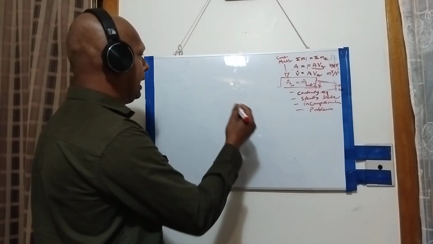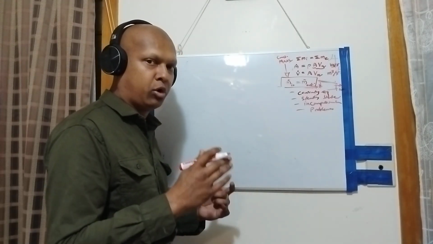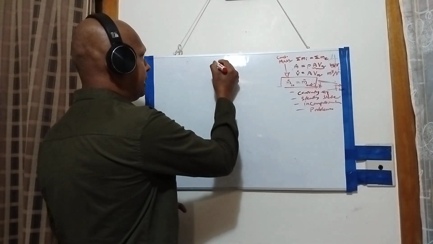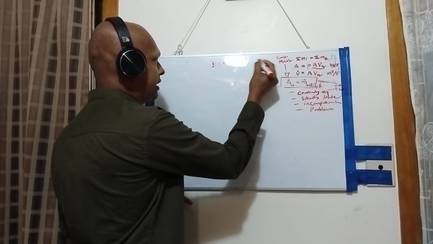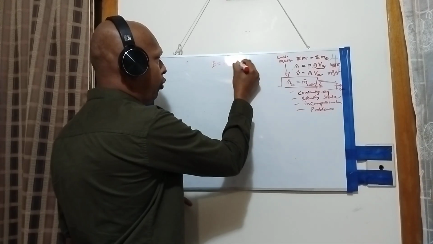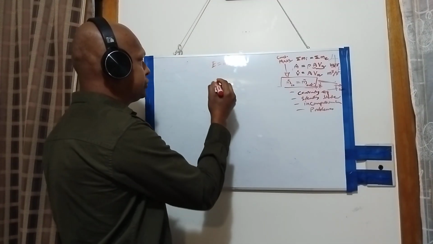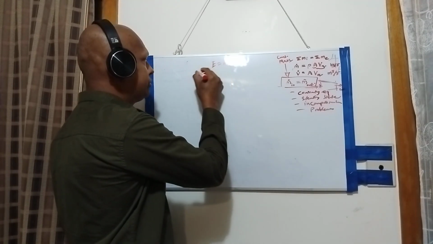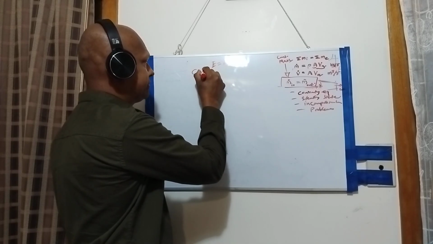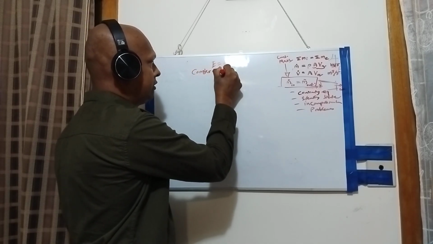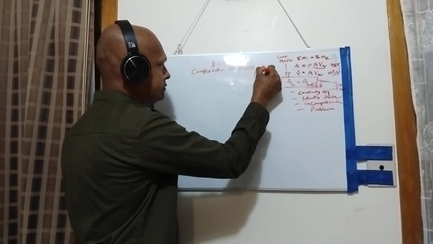We discussed that mass cannot be created or destroyed, despite the equation E equals mc squared, Einstein's law. And then we discussed continuity, the conservation of mass principle.